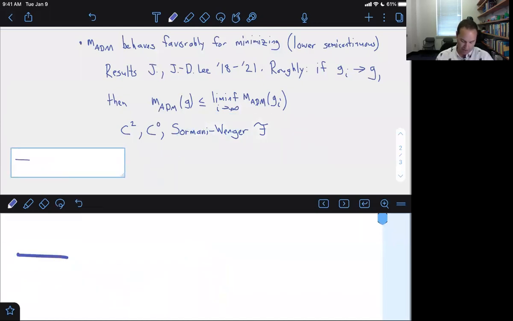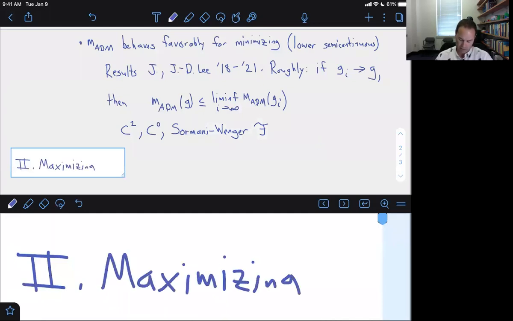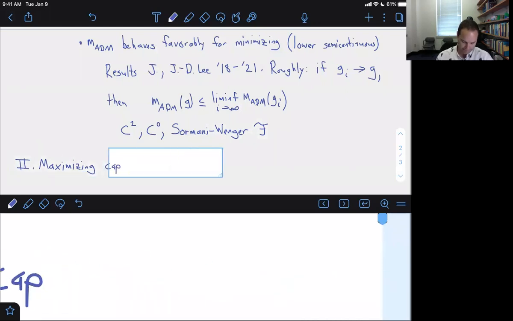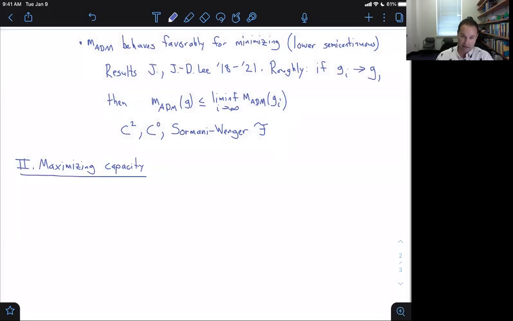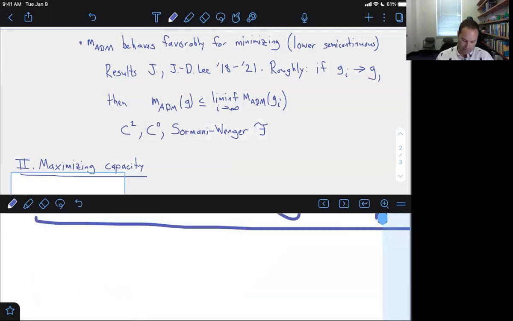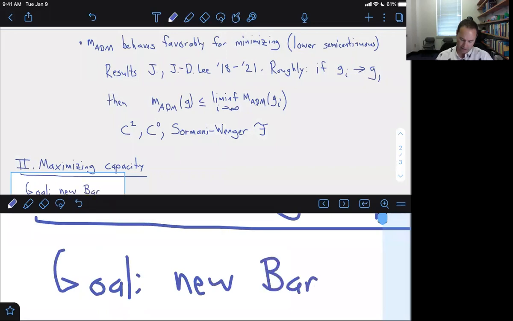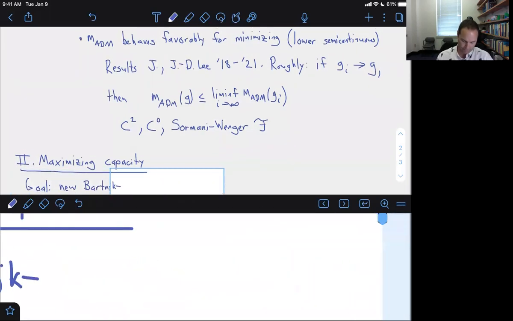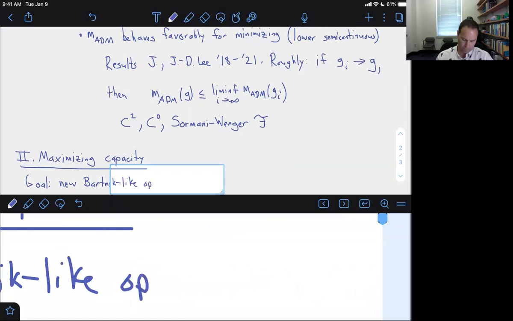In the second part of the talk, the bulk of it, I'll talk about a complementary problem. In some sense, you could think of it as a dual problem. This is on maximizing the capacity. The goal here is really to study a new Bartnik-like optimization problem.